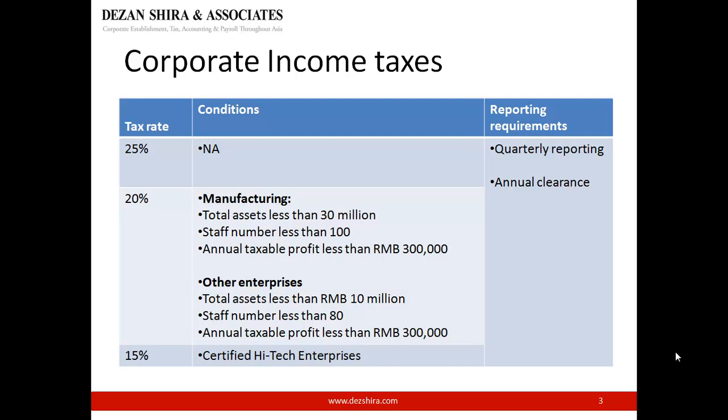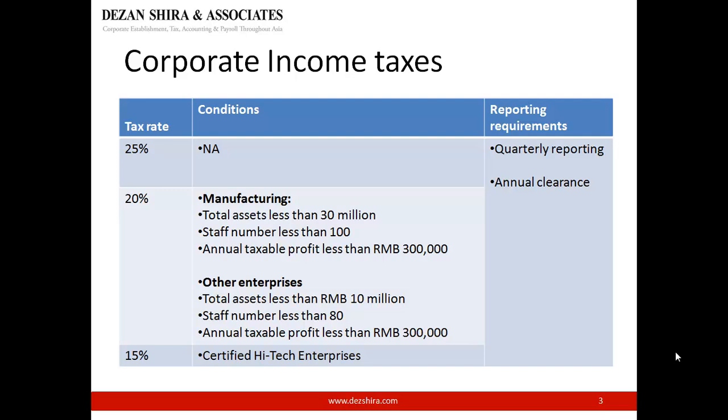And the third one, I think most of you would be interested, because it's a 15% low tax rate for high-tech enterprises. This preferential tax rate is to encourage you to set up high-tech enterprises in China and benefit the Chinese economy with the high technology you created and fostered in China.